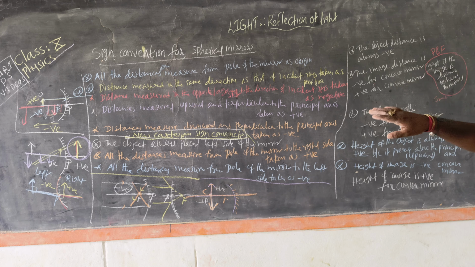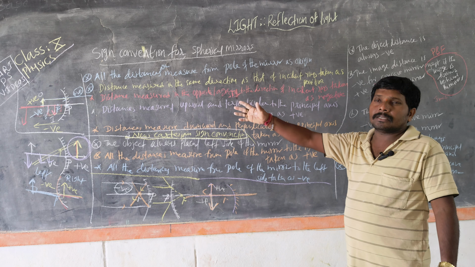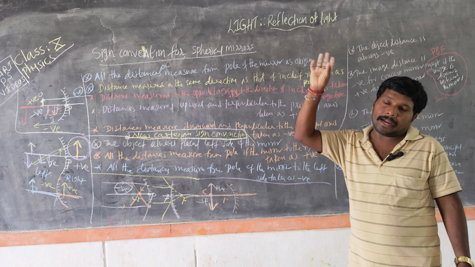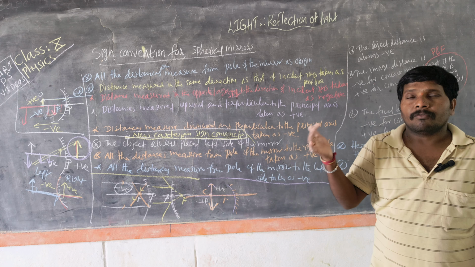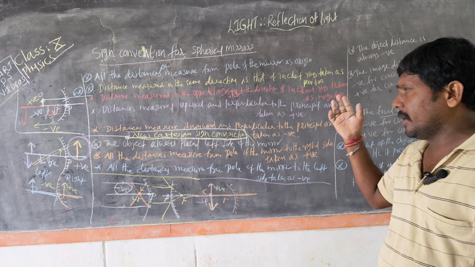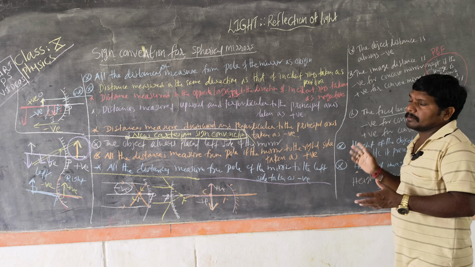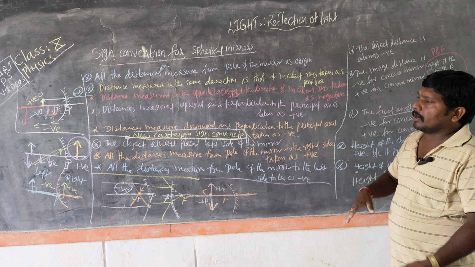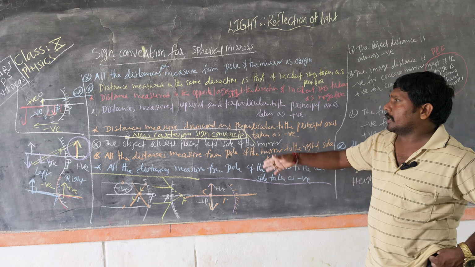Some values are taken as positive and some as negative because, to measure the object distance, image distance, height of the object, height of the image, focal length, even sometimes the radius of curvature, whatever measurement we want, we must follow the new Cartesian sign conventions.